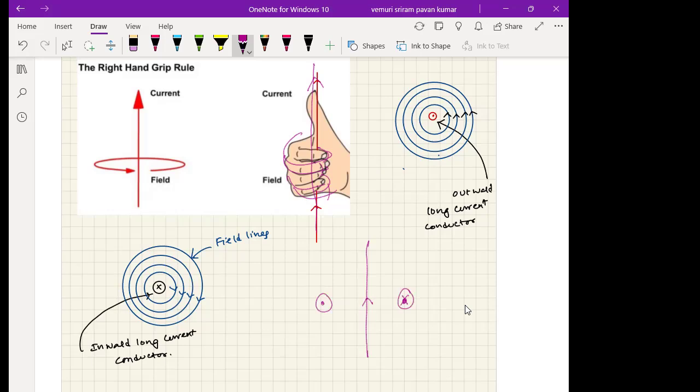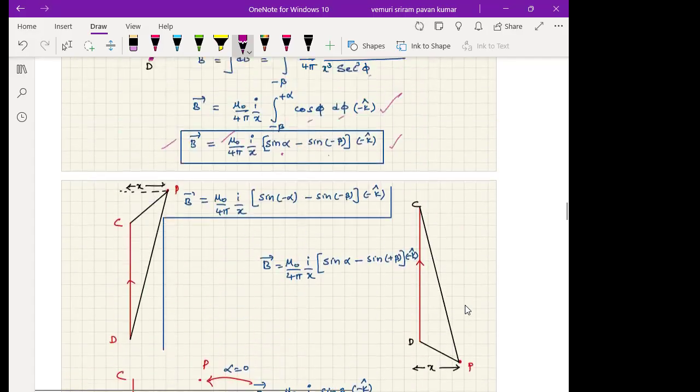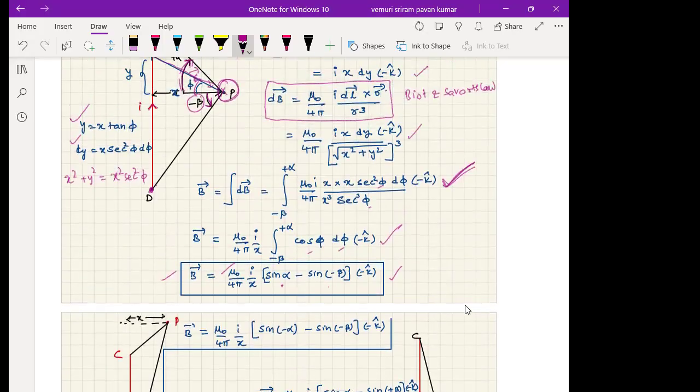Because when the right hand thumb is in this direction, the curl of the fingers will be into the plane here, outward here. So if the current is going along Y, in the positive X direction you will have inward, in the negative X direction you will have outward. That's what you need to remember here. Now, any doubt till this point, till this box, boys and girls?